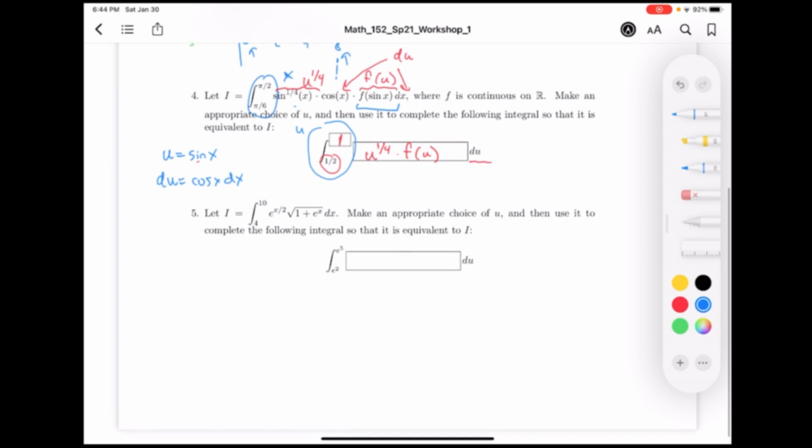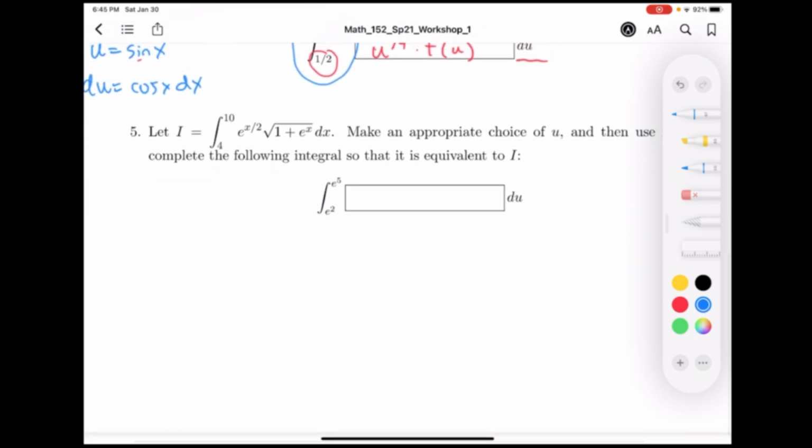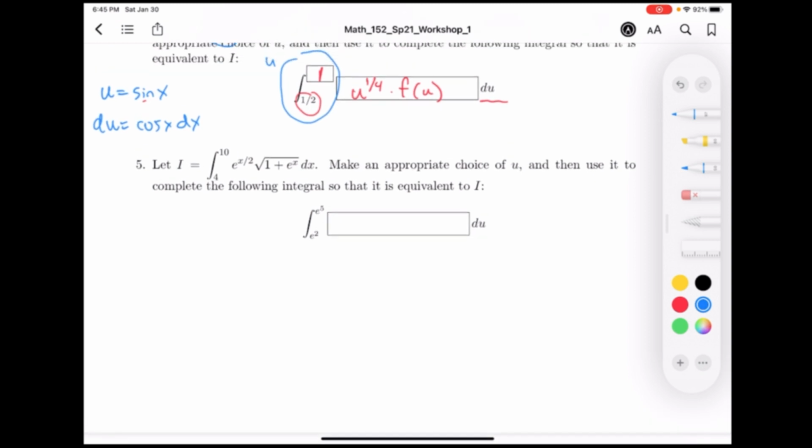Now let's go to number 5. So again, we want to make an appropriate choice of u, and it's kind of suggested by the limits of integration that you see here. What I want to do is I want u of 4 to equal e to the 2, and I want u of 10 to equal e to the 5.